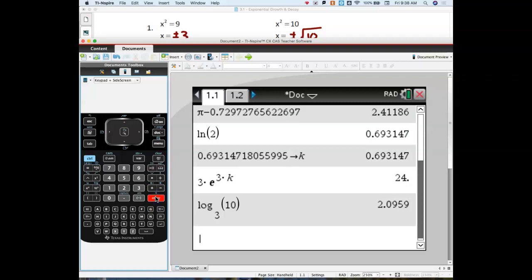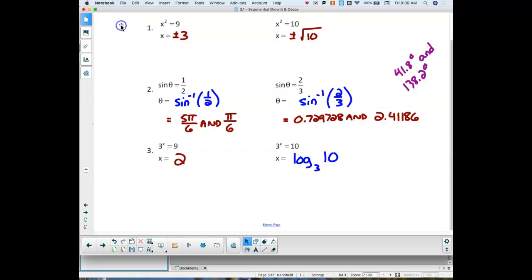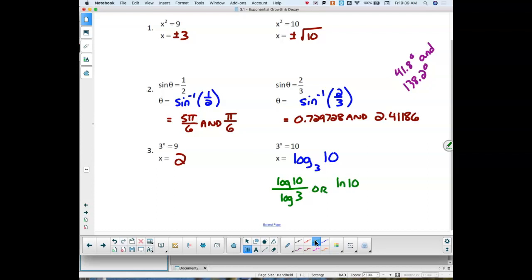But not all calculators do. So we have something out there called the change of base formula. And the change of base formula would say that this would be log of 10 divided by log of 3, or the natural log of 10 divided by the natural log of 3. And in either one of those cases, it's going to be 2.0959.